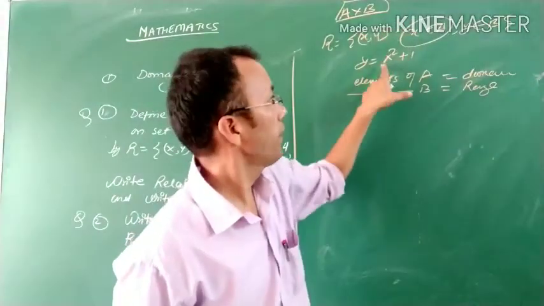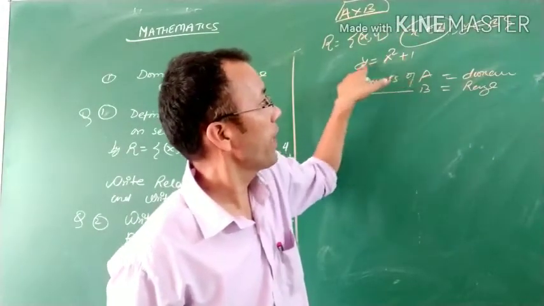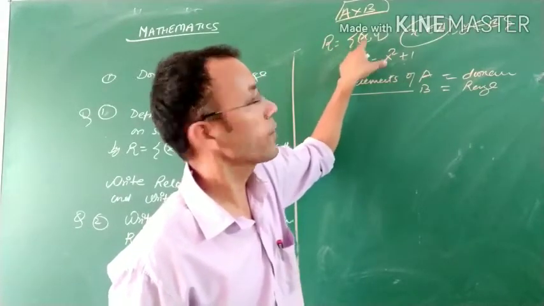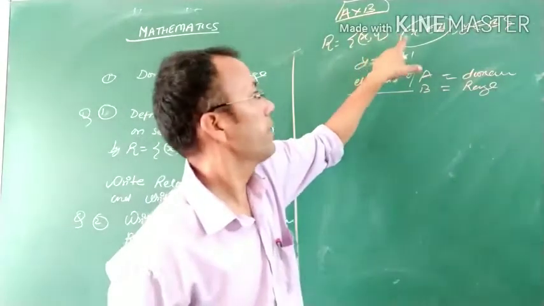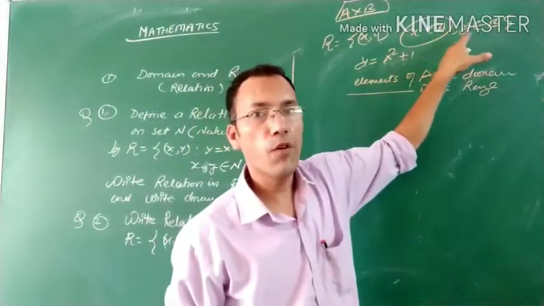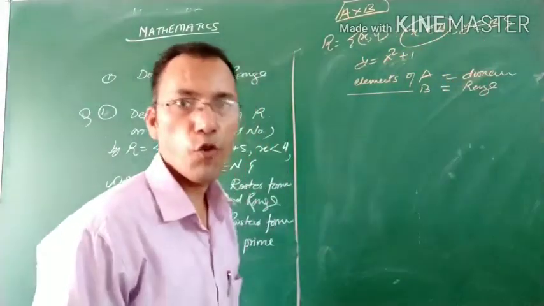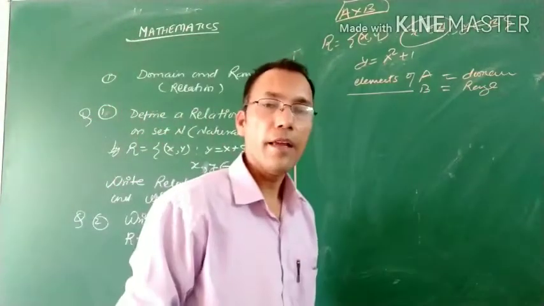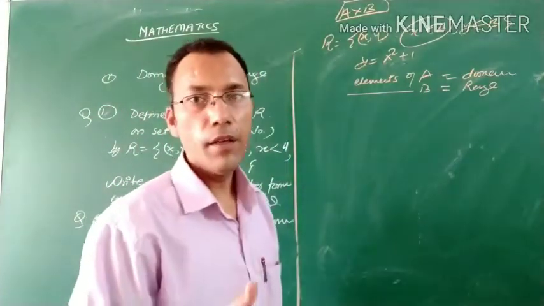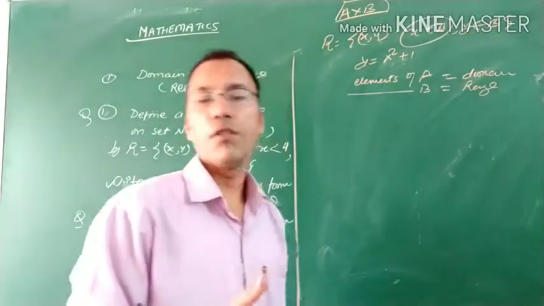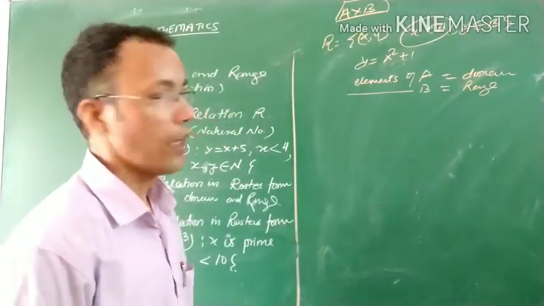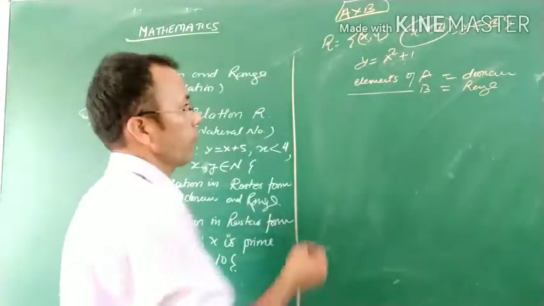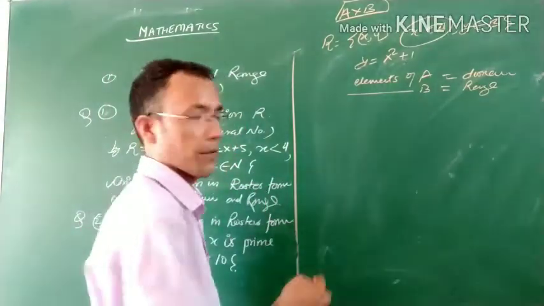In terms of the relation between x and y, given as R equal to the ordered pairs x comma y such that x is an element of A and y is an element of B, that is the relation from A to B: the elements of A are called the domain and the elements of B are called the range, right?